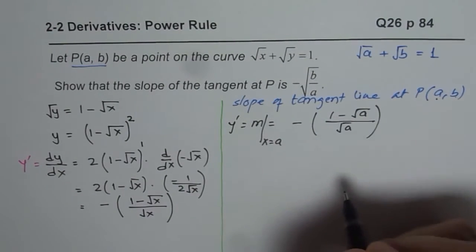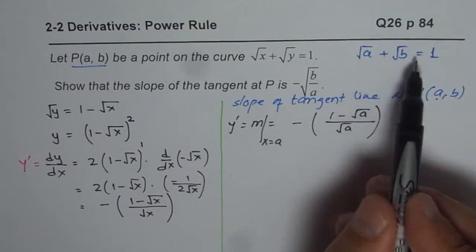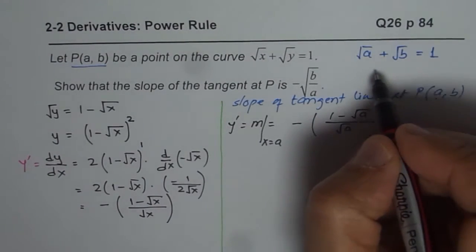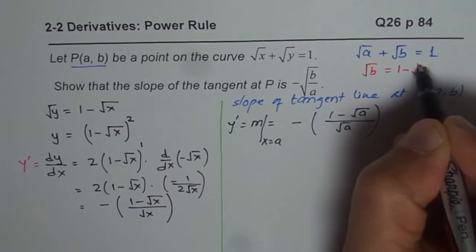correct? That is it. Now, what is 1 minus square root of a? If I rearrange the initial equation which I had, what do I get? So let me rearrange this and you'll see what it is. The square root of b equals 1 minus square root of a. You get the idea?